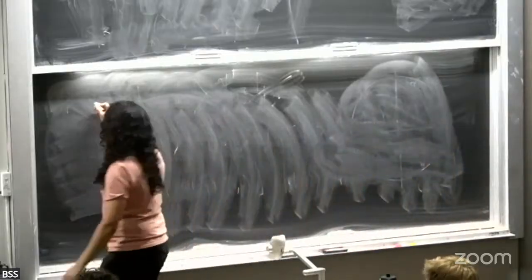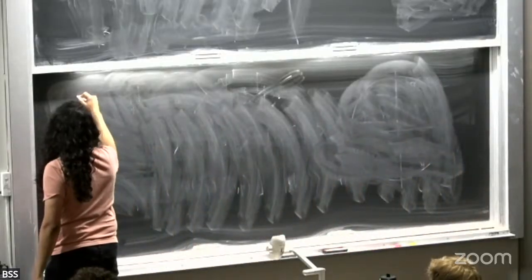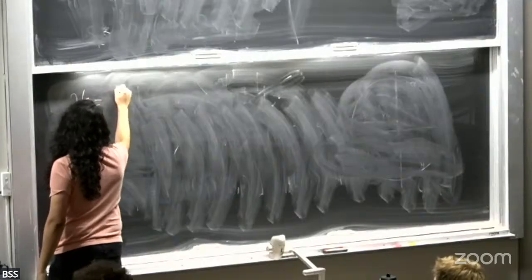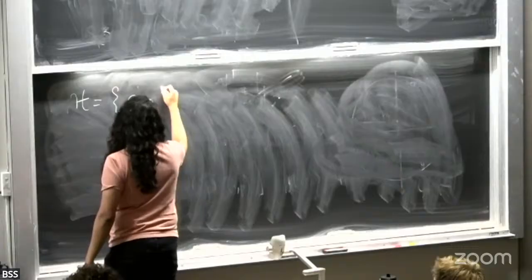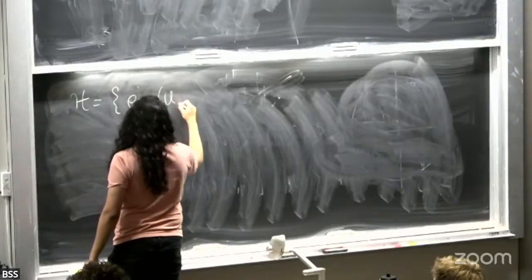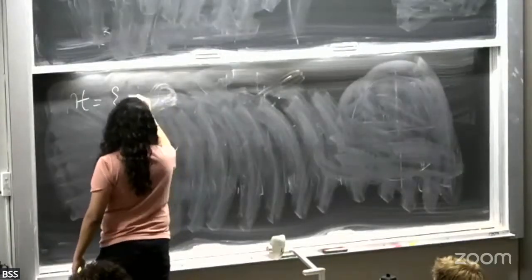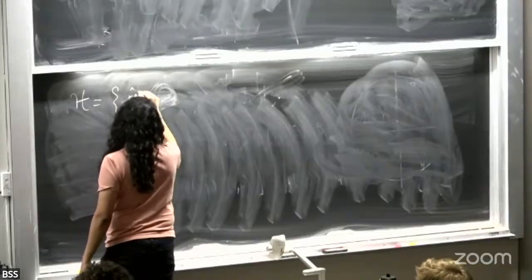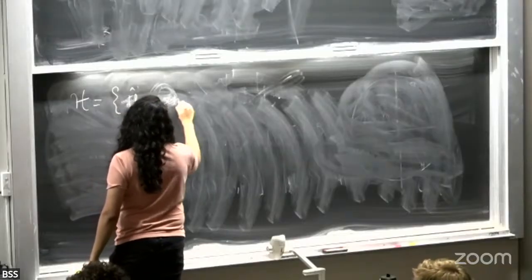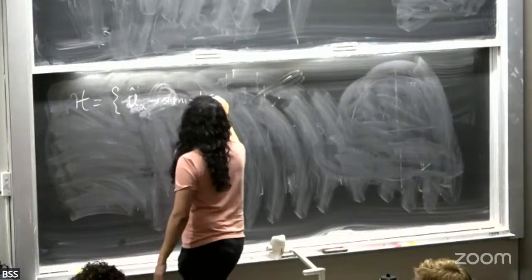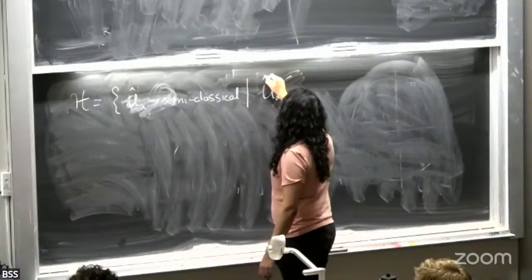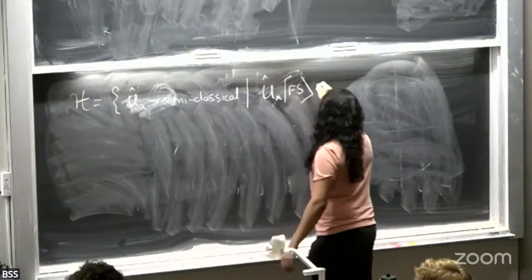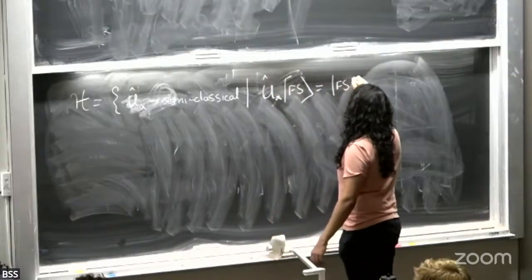So suppose I define H as the group of such U alphas in the semi-classical limit such that U alpha acting on the Fermi sea leaves it invariant.